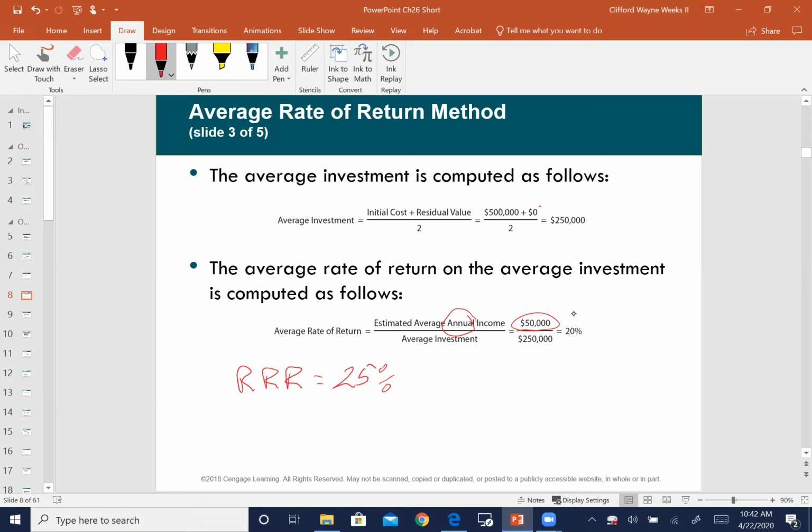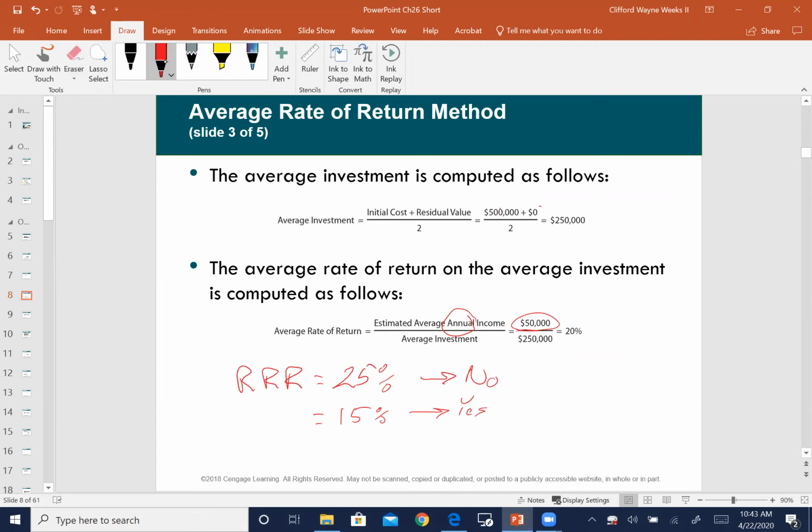If that's the case, we'd say no, do not buy this thing. However, if your required rate of return was 15%, we'd say yes. What a terrible looking S. Yes. Does that make sense?